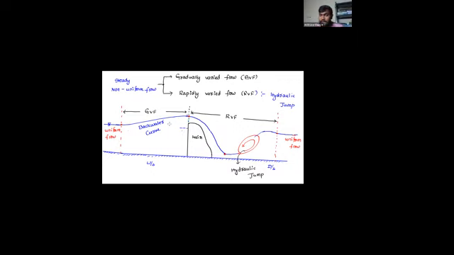Which means just on the upstream side of an obstruction, the flow velocity is less and depth is more. Whether this is GVF or RVF, the behavior of the flow is sub or supercritical. Here the velocity is less and depth is more. Flow with larger depth and lesser velocity is known as subcritical.